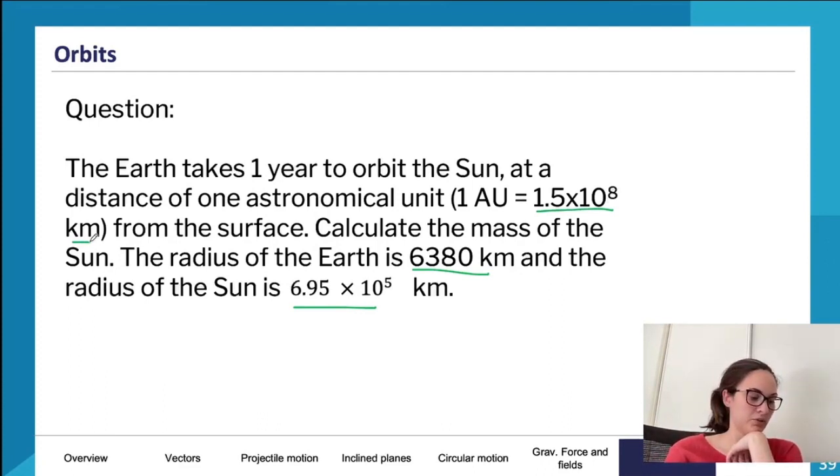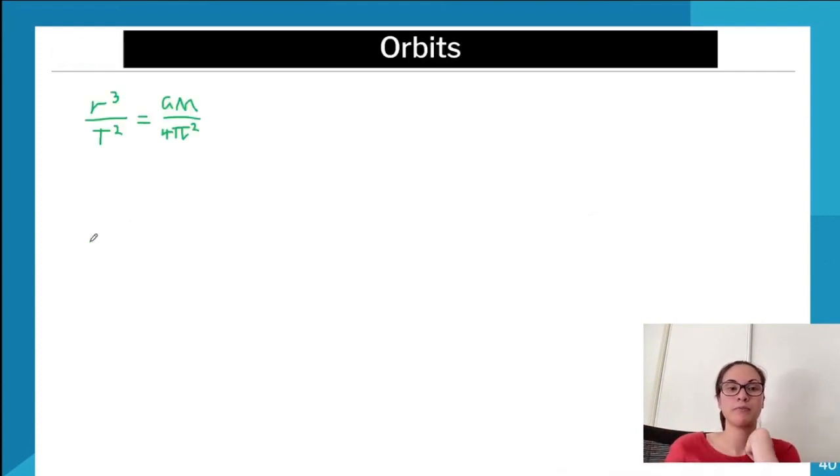It's very similar to what we did in the previous question. We're just going to make sure we multiply it by 10 to the power of 3 to get it from kilometers into meters, because there are 1,000 meters in a kilometer.